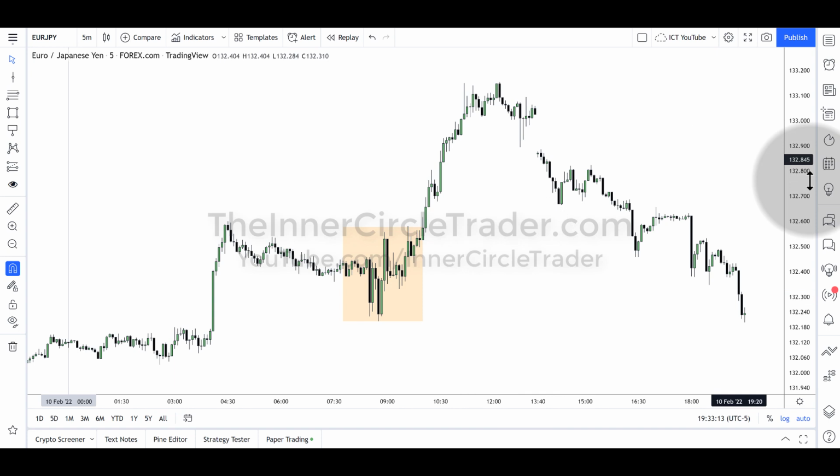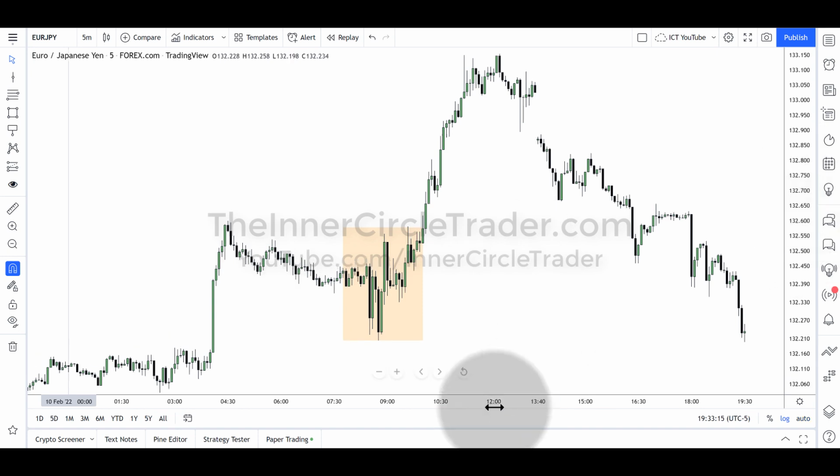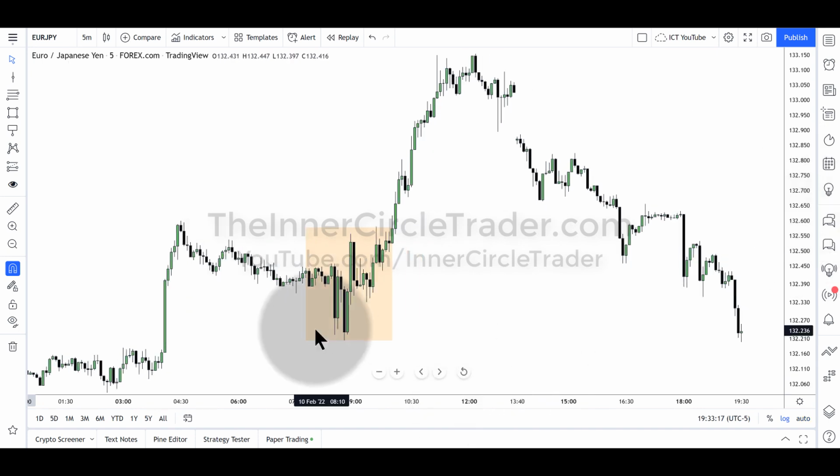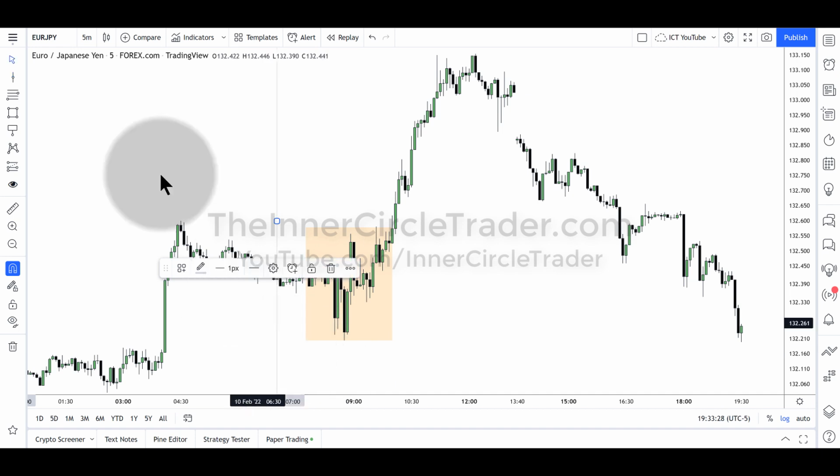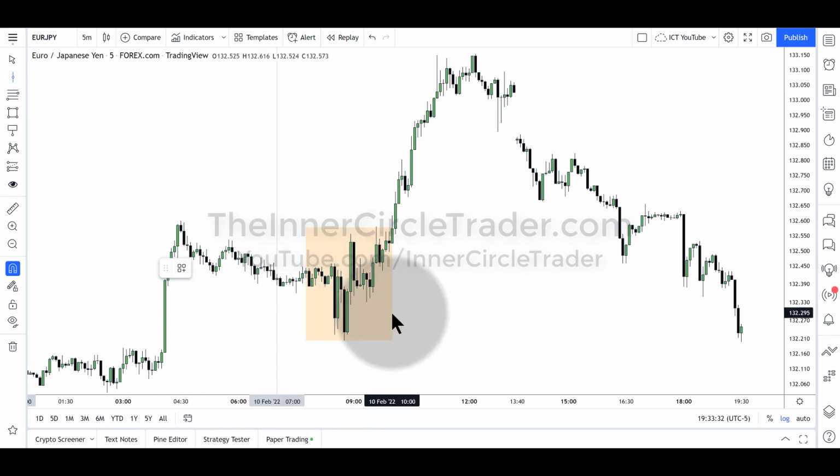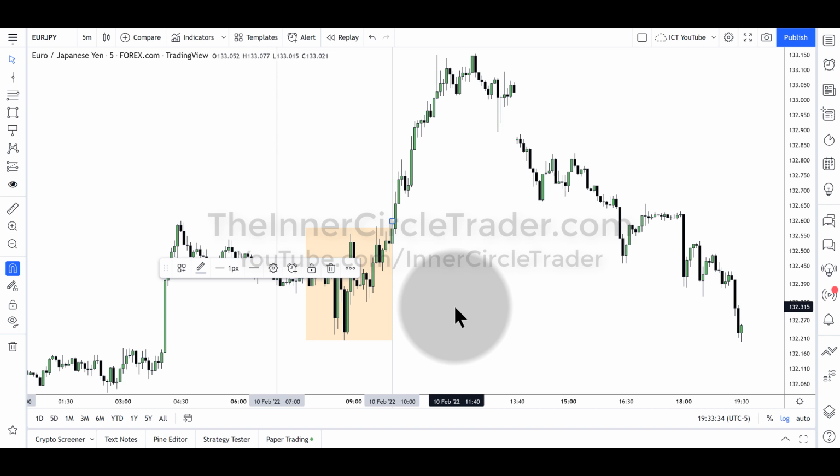Okay, and if you take a look at 7 o'clock in the morning to 10 o'clock in the morning, that's your New York ICT kill zone. That's the time of day that New York session trades form.